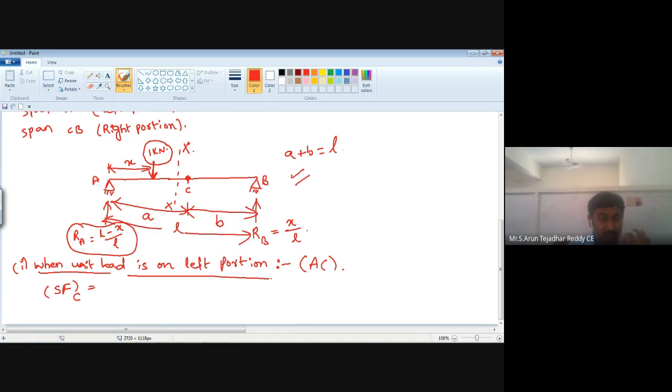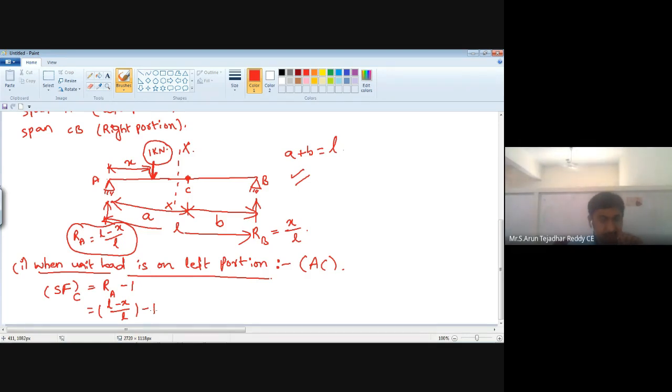Now here, RA is moving in the upward direction, so consider it positive. The 1 kilonewton load is moving downward, so consider it negative. So I can write it as RA minus 1. Already I know the RA value, so just substitute it in this equation. Then it is (L minus X) by L minus 1.